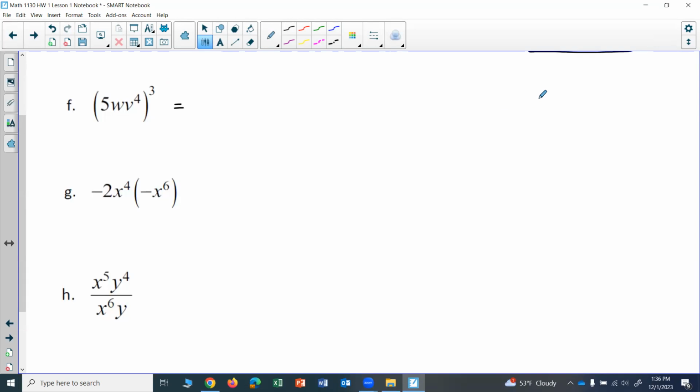So I know that if I have a product, let me call it a times b in parentheses, raised to the nth power, that's the same as a to the n times b to the n, as long as it's multiplication inside the parentheses. So this would become 5 to the 3rd times w to the 3rd times w to the 4th to the 3rd.